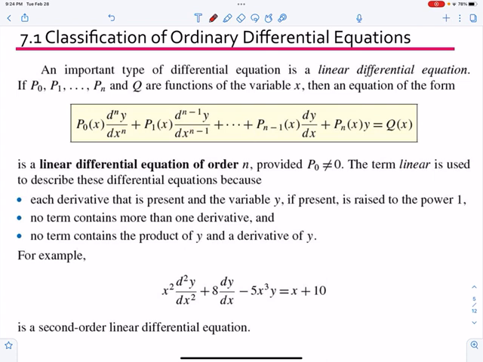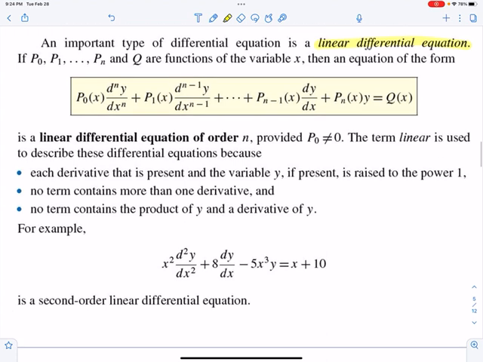In this example, again, some just formalities about defining a differential equation, and more specifically, a linear differential equation. So if I look at the differential equation that is present here, this is going to make it a second order differential equation.